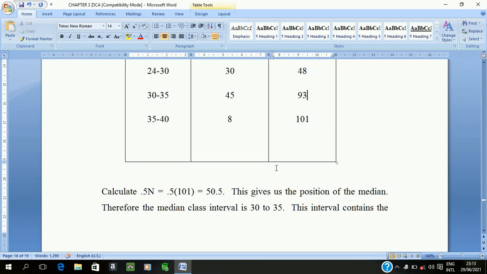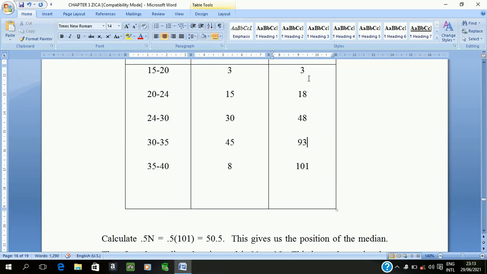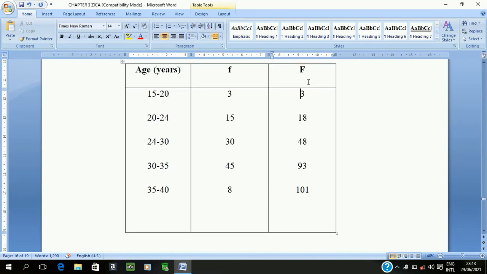So with 50.5, you come back to your cumulative frequency and see within which value 50.5 is going to fit. What this 3 on your cumulative frequency means is that all the values between 15 and 20 are just 3 values. The fourth value up to the 18th value all come from 20 to 24.